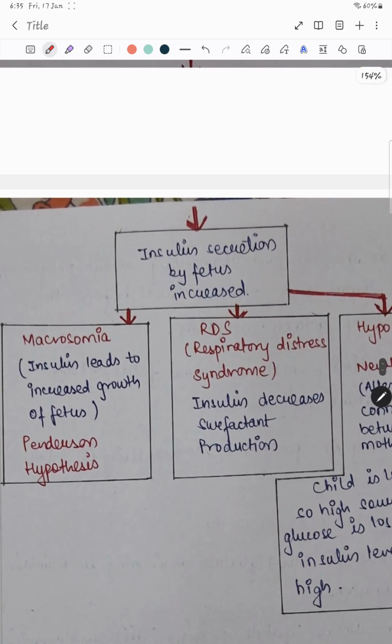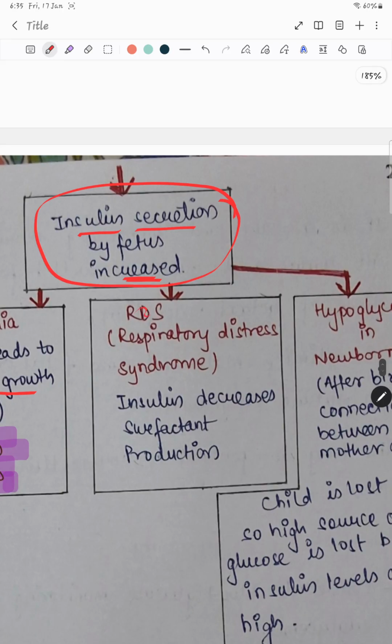Insulin secretion of the fetus will be increased, and due to this there will be macrosomia in the fetus, because insulin leads to increased growth of the fetus. This is the Pedersen hypothesis that you should know: macrosomia due to increased insulin in the fetus.